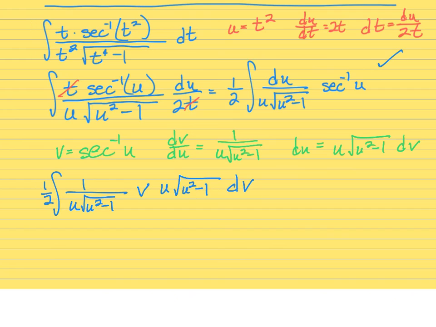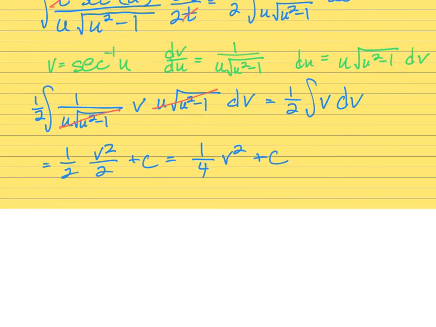And look what happens. Bam, all of that kills all of that, and we're left with just the integral of v dv, which we can now integrate using basic power rules. It'll be v squared over 2 plus c. So that's, of course, 1/4 v squared plus c.